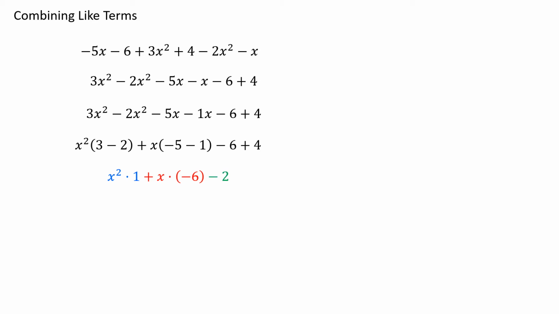And after I've done that, I can do some simple multiplication. And the first times sign, anything times 1 is itself. And the rest I just cleaned up a little by rearranging the order of multiplication, which of course we know we can do. So this is the simplified version of this problem, in a sense the answer, you could say.